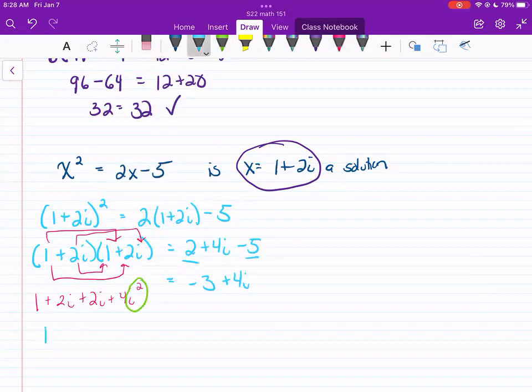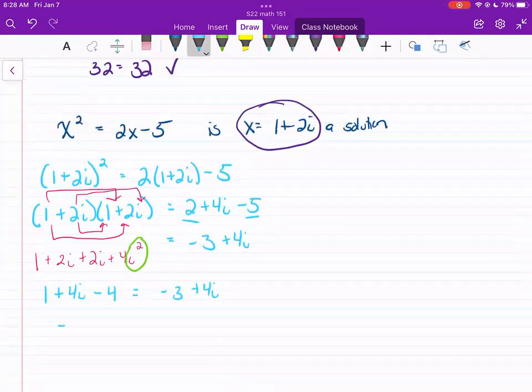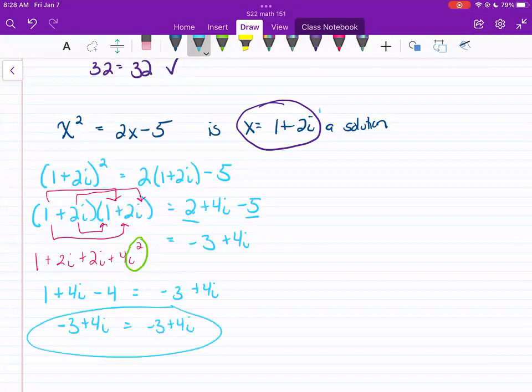So we end up with 1 plus 4i minus 4 equals -3 plus 4i. When we simplify the left side, we get -3 plus 4i equals -3 plus 4i. So this is a solution or a 0 of the equation, even though it is not a real number.